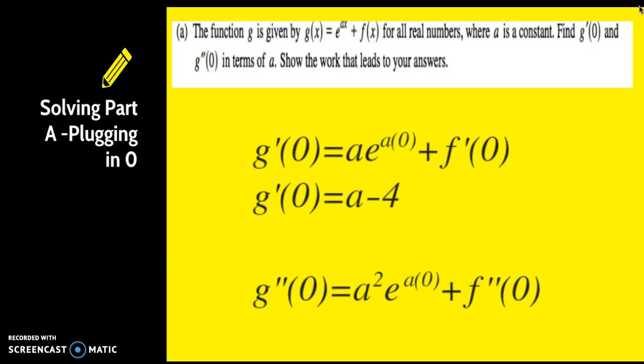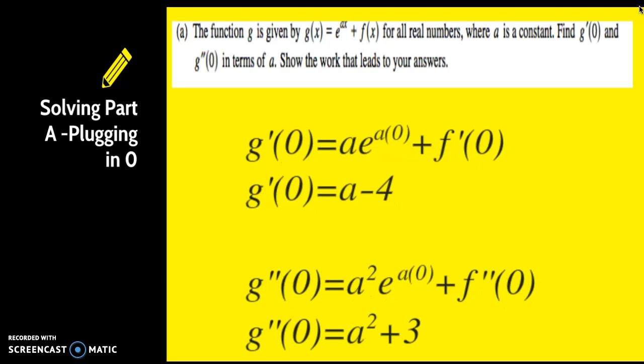Then we're going to plug 0 into the second derivative of g, so we end up with a squared times e to the a times 0 plus f double prime of 0. This simplifies out to a squared plus 3, because again remember that we already know that f double prime of 0 equals 3.